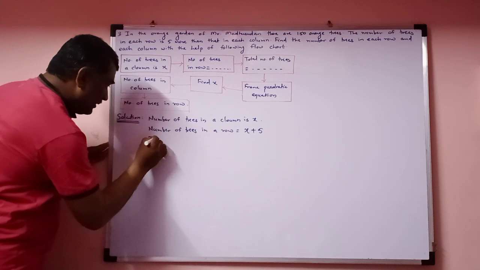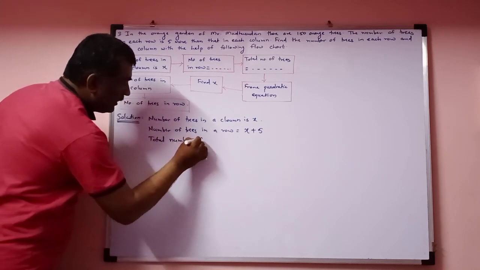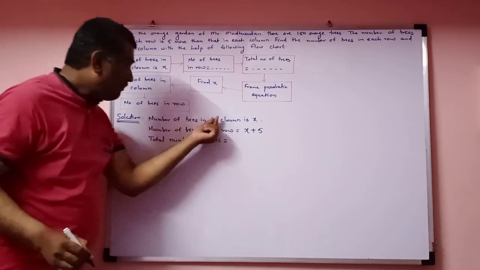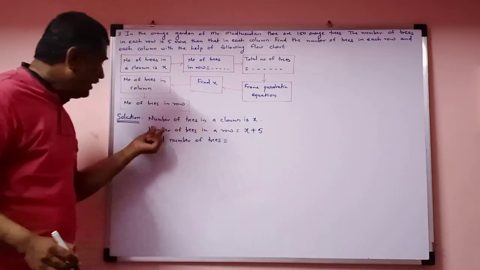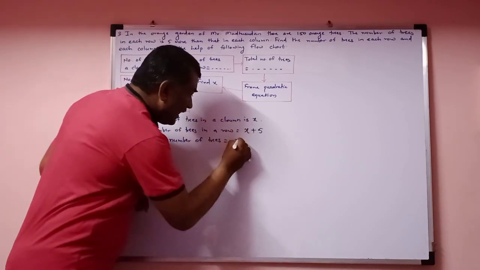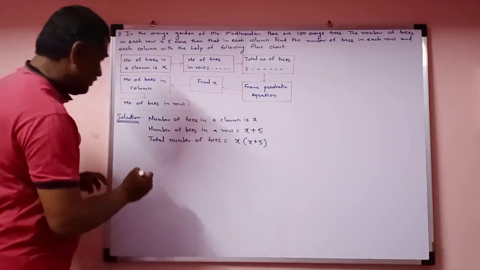Total number of trees is equal to number of trees in a column into number of trees in a row means x into bracket x plus 5.